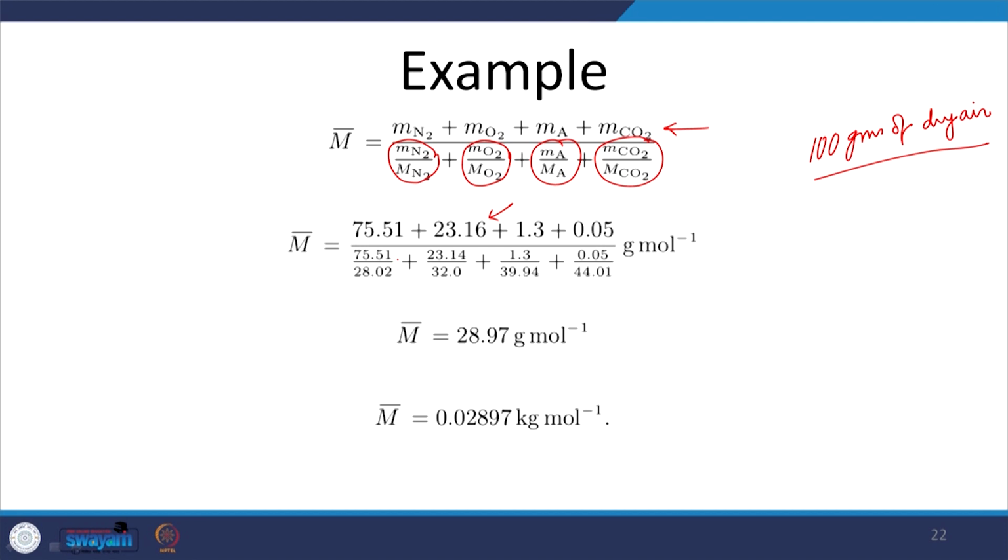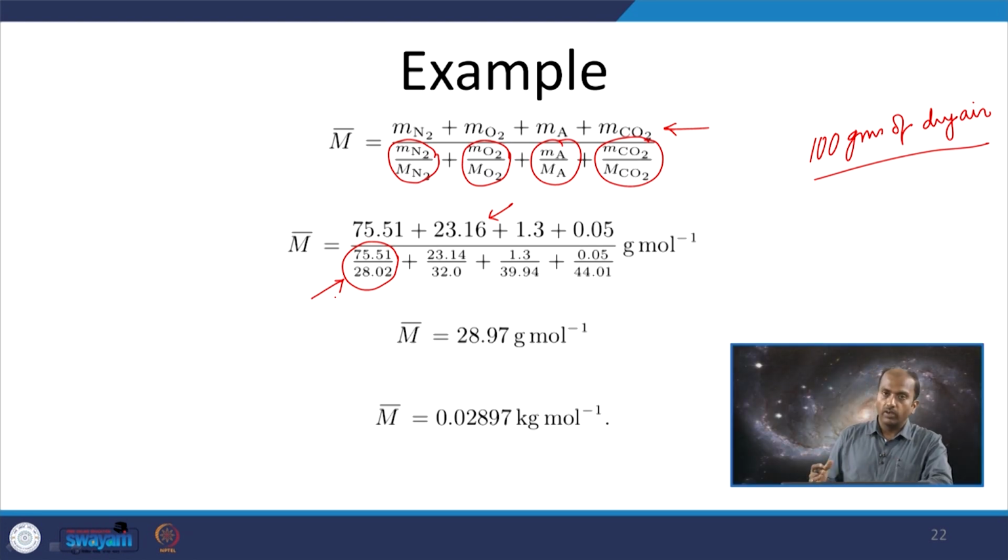Each gas has its own weight and its own number of moles. A heavier gas will not have enough moles to influence the molecular weight in a certain way. If you calculate the mean molecular weight, it will be 28.97 grams per mole. Or in kilograms, 0.02897 kg per mole.